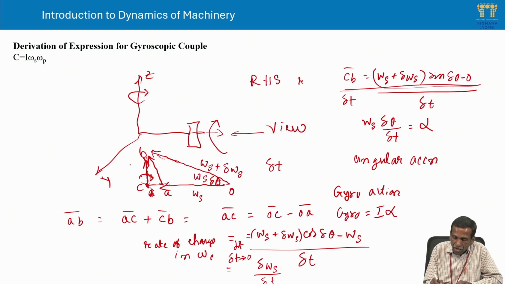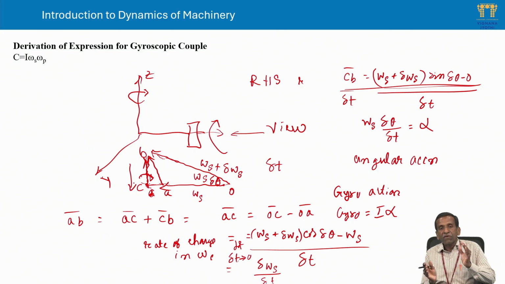Then, on the reaction part, because it is moving down, there will be a reaction on the frames and bearings, which tries to move it in the opposite direction to maintain the stability of the body. I think you are able to understand the gyroscopic couple.